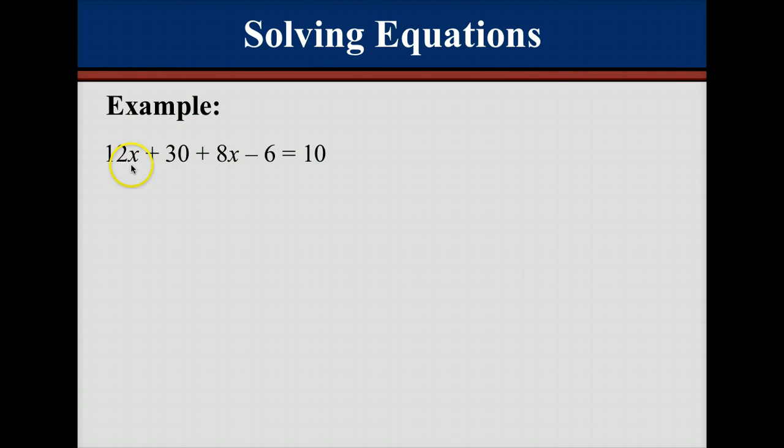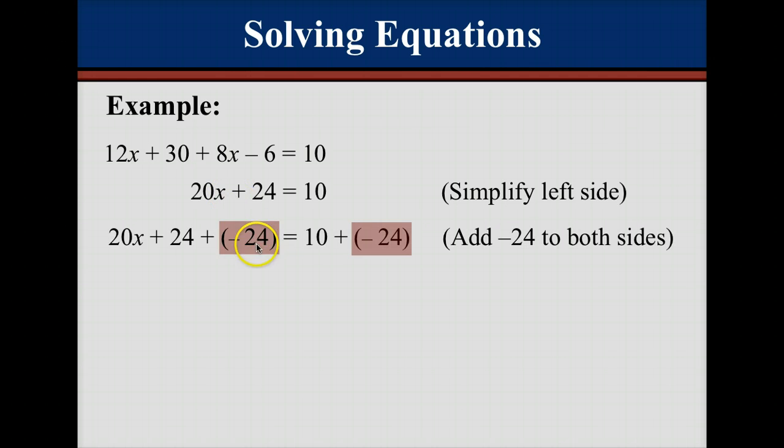Okay, we've got some like terms we need to simplify first. Like terms, remember, are just simplified on the same side of the equal sign. 12x plus 8x, 20x. 30 minus 6 is a positive 24. Now let's start isolating the variable. We need to get rid of this 24 first by subtracting 24 from both sides.